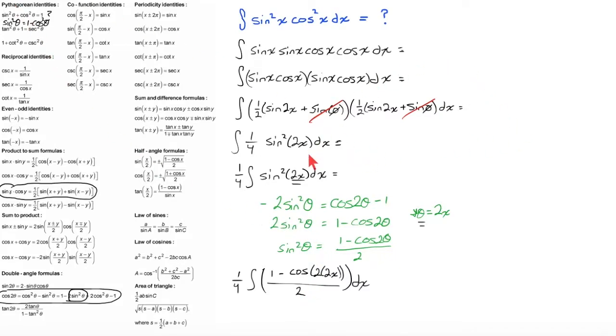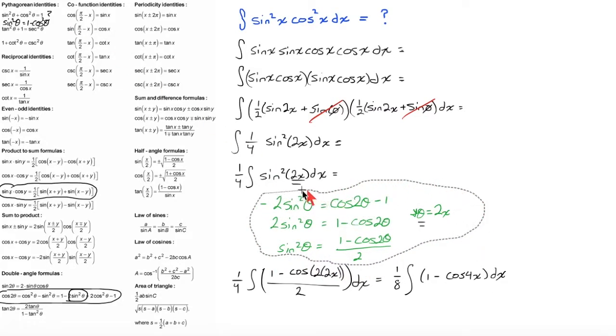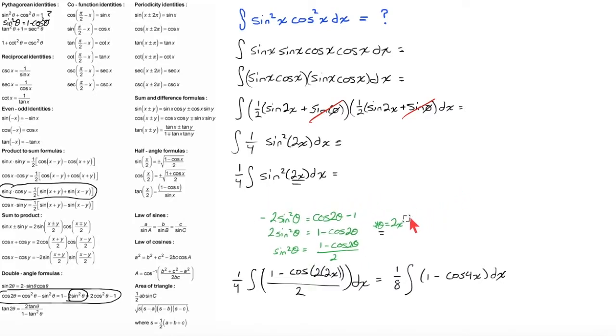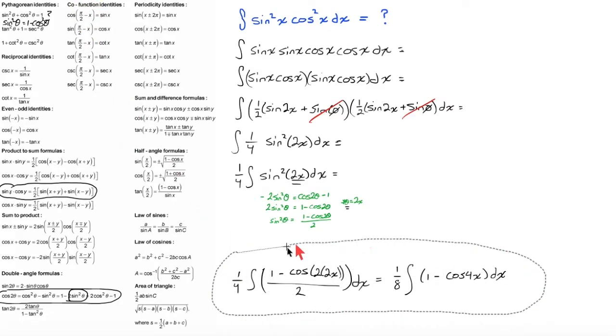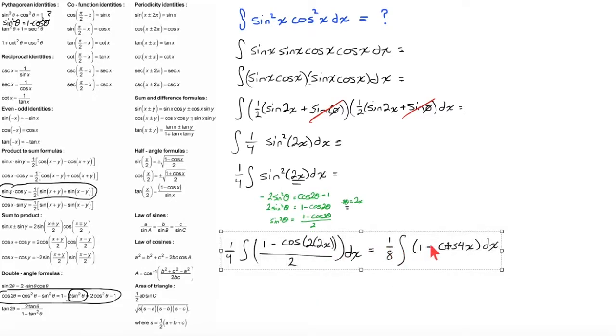This isn't turning out so badly, because this is simply going to be 1/8 integral of 1 minus cosine of 4x dx. And we really have put ourselves in a position where we can do a fairly simple integral, at least based on what we should have learned up to this point in our Calculus 2 or maybe AP Calculus class.